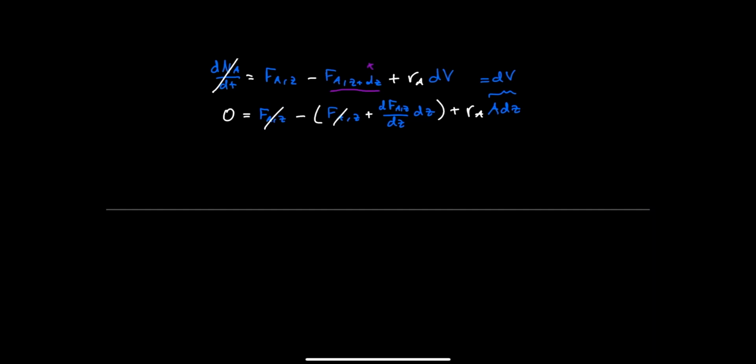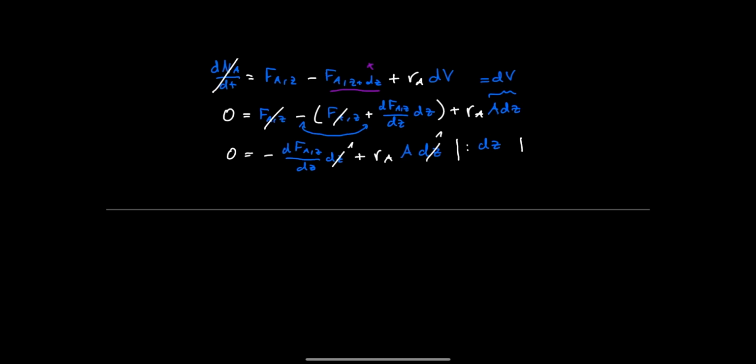So these two cancel out, and we would have 0 being equal to negative change of Fa with respect to z times dz plus Ra times A times dz. We will divide this by dz, so these two terms are equal to 1 now.